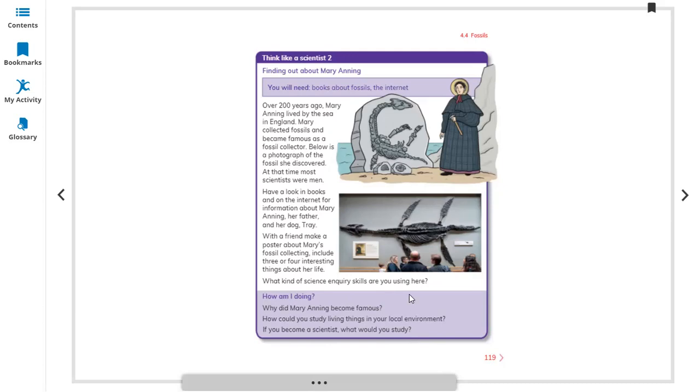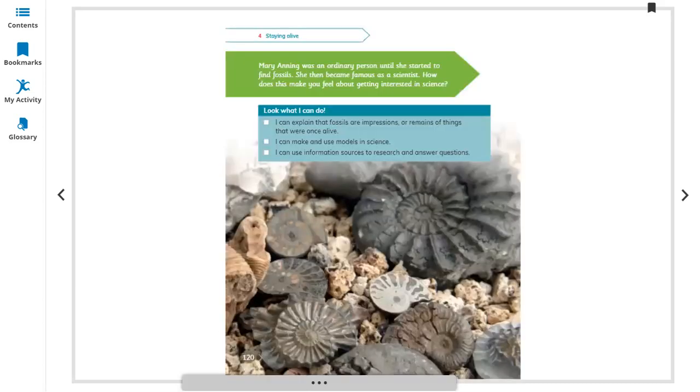And then the experience of other people is helpful for finding new things. Mary Anning was an ordinary, unique person until she started to find fossils. She then became famous as a scientist.